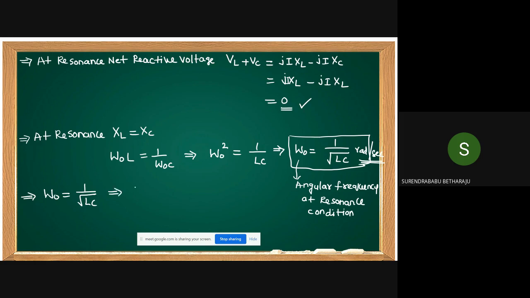then what is F naught equal to? Omega naught I am writing as 2 pi F naught. How to write omega naught, students? This I am writing as 2 pi F naught is equal to 1 by root LC. Then F naught equals 1 by 2 pi root LC. This is in cycles per second, or in Hz.